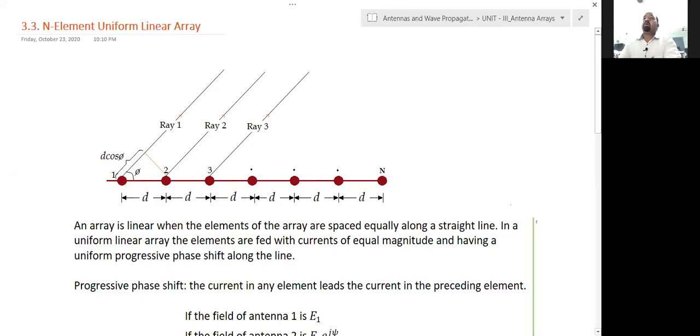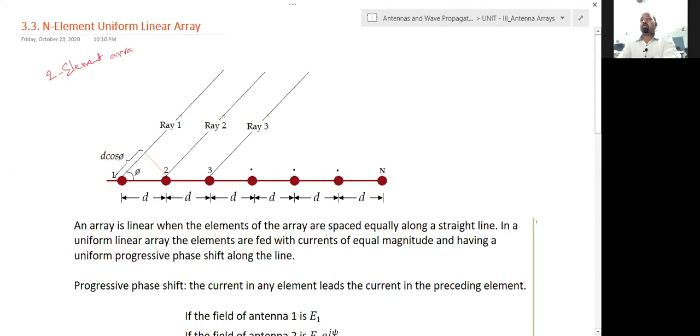Right? So next topic is N element uniform linear array. Three classes back, I discussed the two element array.